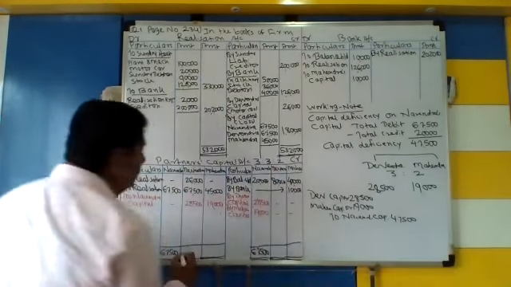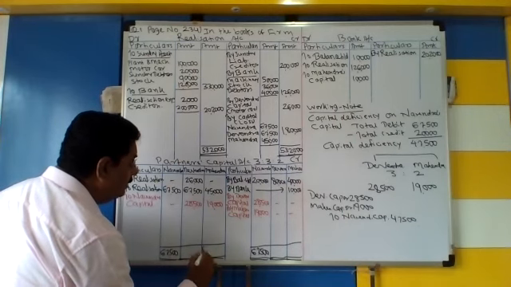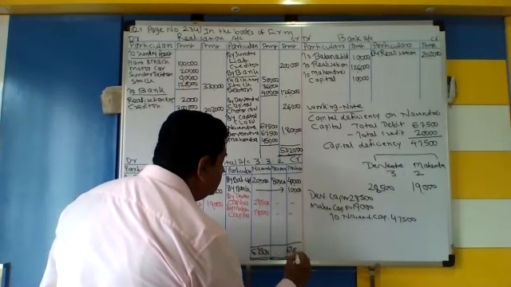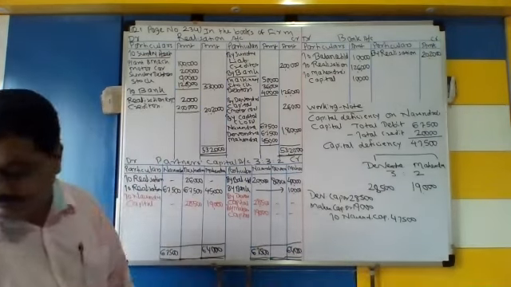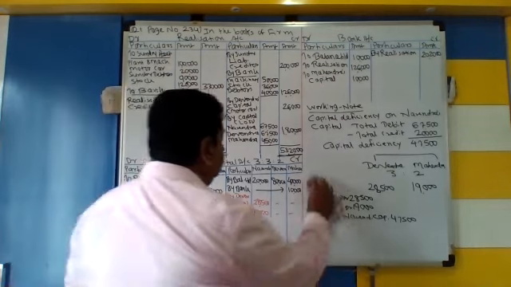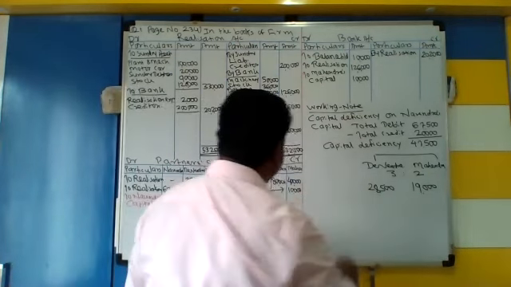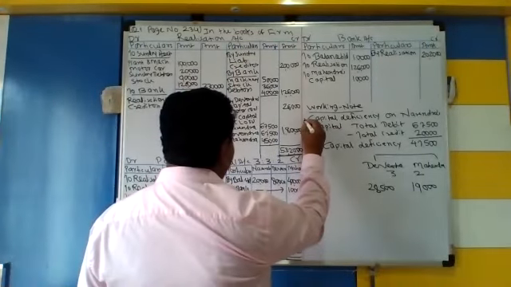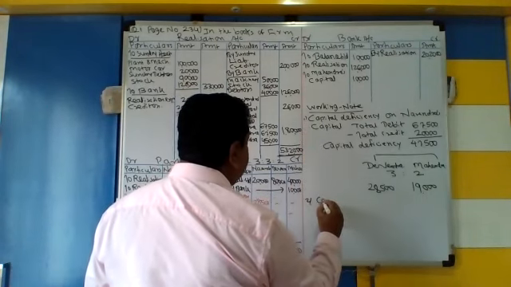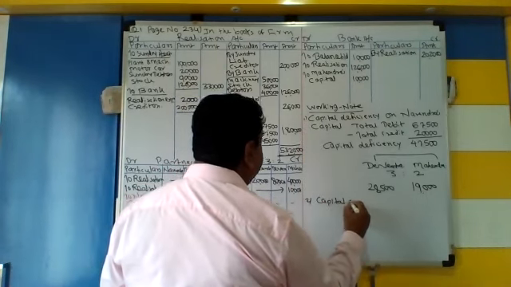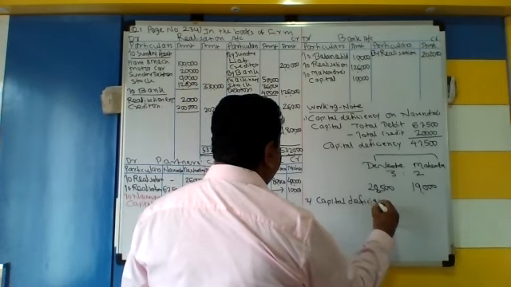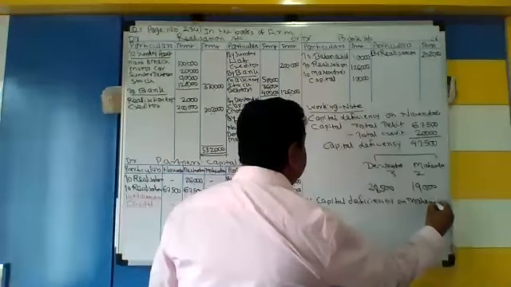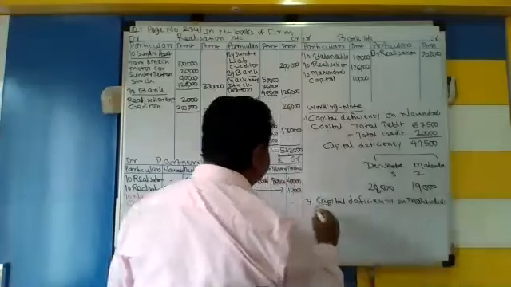Now total Mahendra's capital debit. 64,000. Correct? And now working note number 2. Capital deficiency on Mahendra's capital.